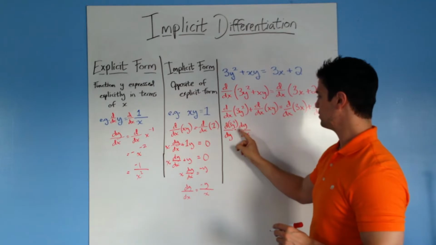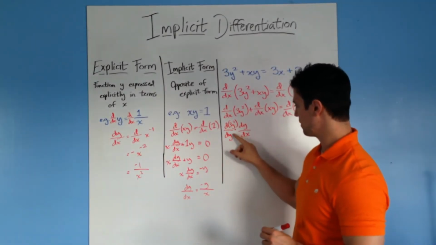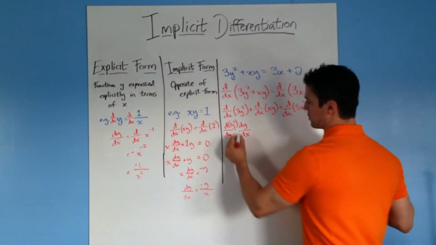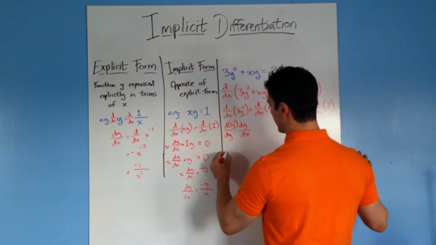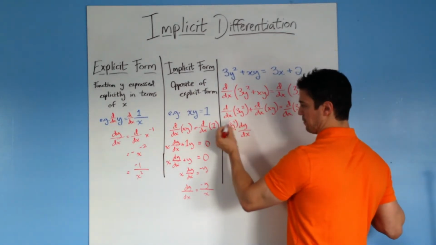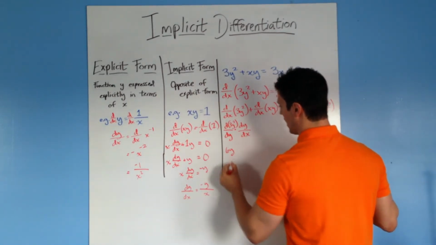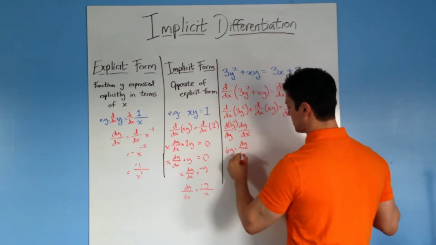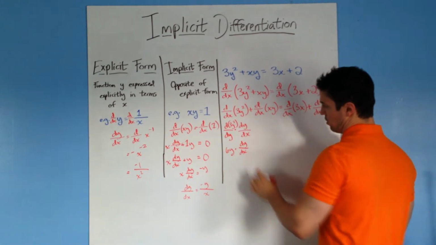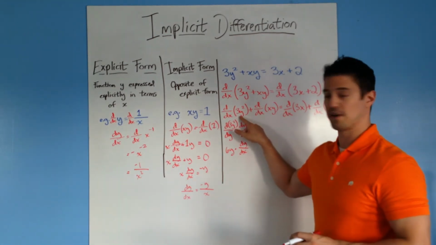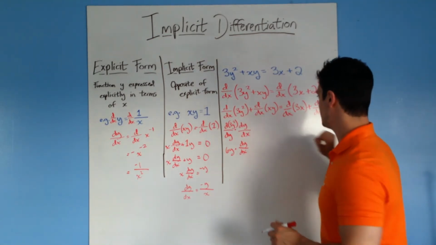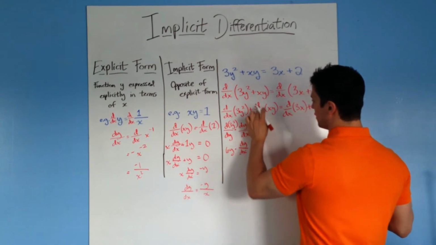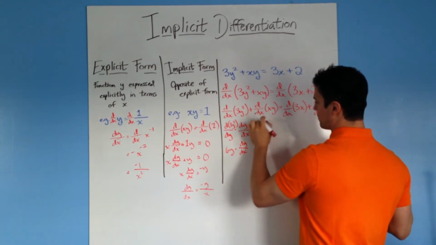But you can't differentiate unless you have the same variable. So here we have y, here we have y. So now we know the derivative of 3y squared with respect to y, you could just use the power rule, and it would be 6y times, bring down the dy dx, and that's how you solve 3y squared implicitly.